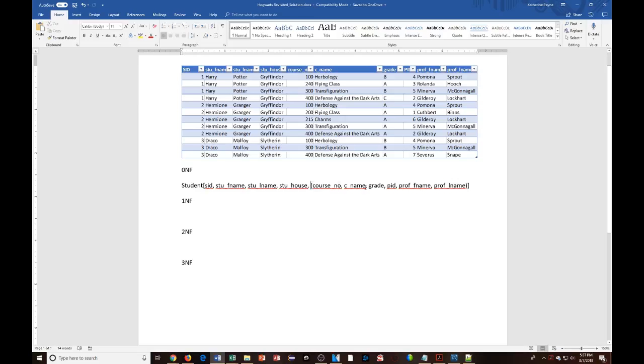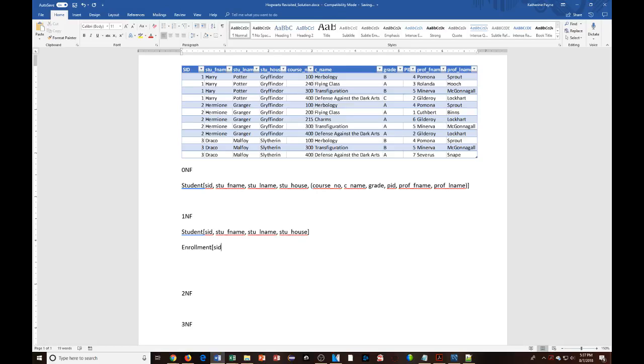In order to do this, we're going to break this out of the first relation. So we'll have the following. We'll keep the student relation with the student ID, student first name, student last name, and student house. But then we'll have a separate relation. Let's call it enrollment. We're going to include student ID again in enrollment because we need to know it in order to determine the grade.